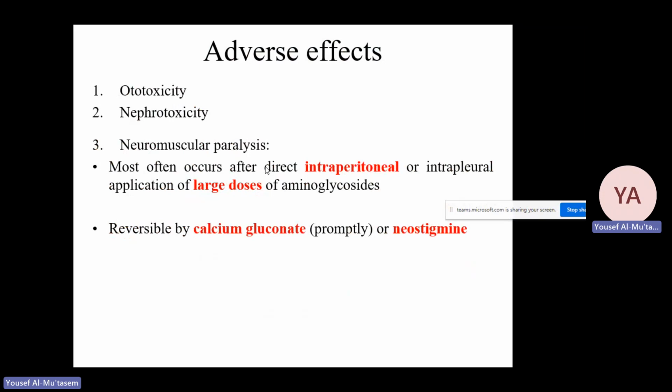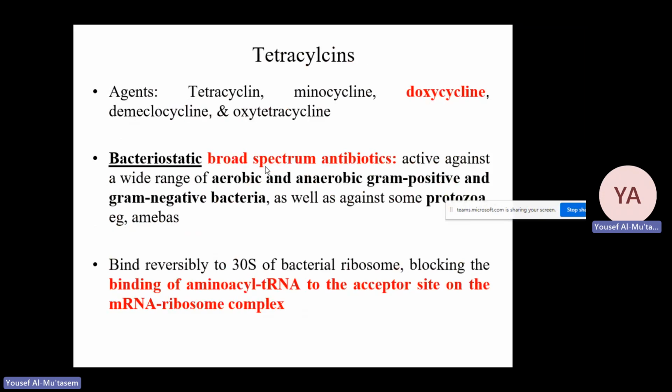But we said that we can reverse such an adverse drug reaction by giving calcium gluconate, which would reverse it promptly on the spot, or we could use neostigmine. But this is for a reminder, neostigmine is an indirectly acting cholinomimetic agent.